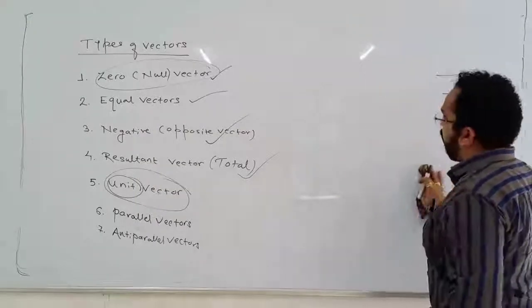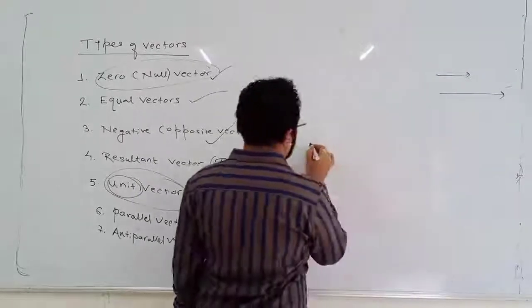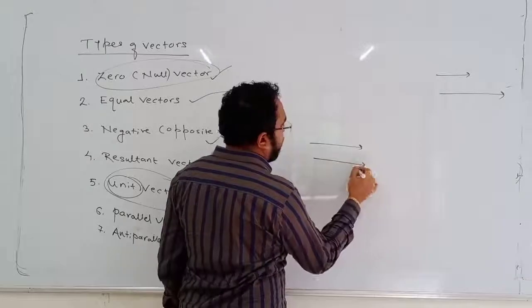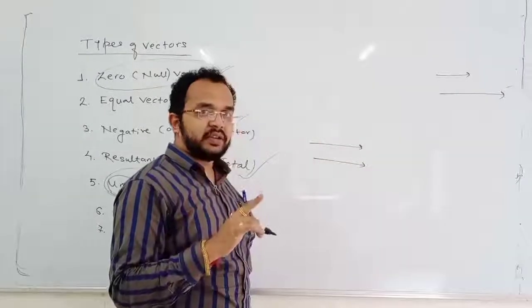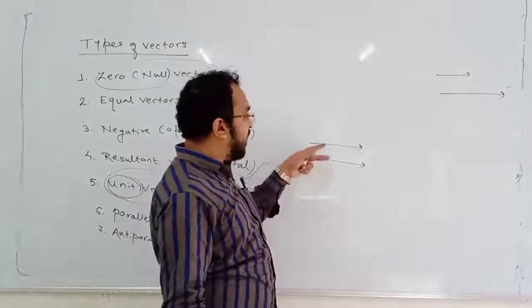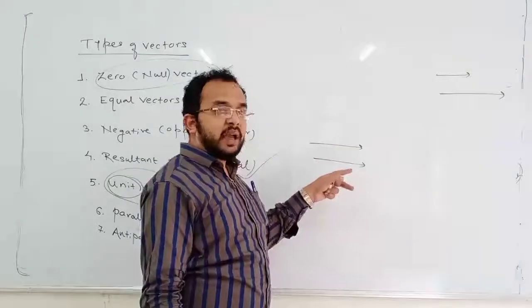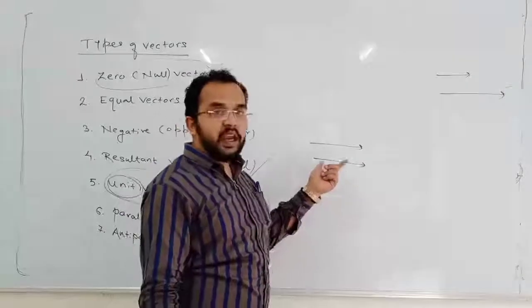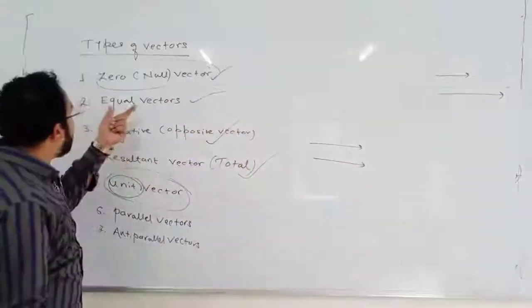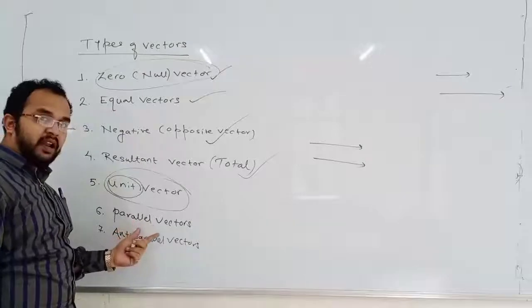See, we have seen equal vectors. Equal vectors must have the same magnitude and the same direction. As they must have the same direction, that's why they must be parallel. So every equal vector must be parallel.